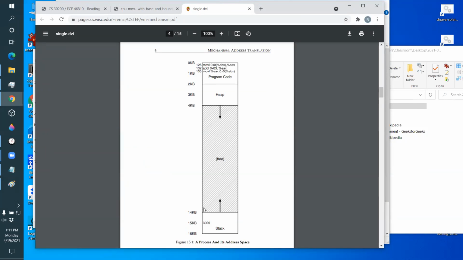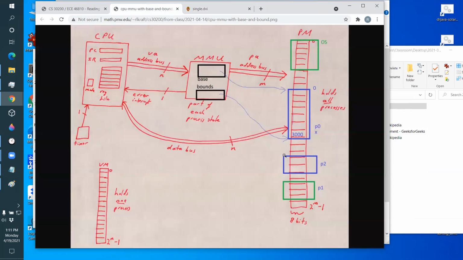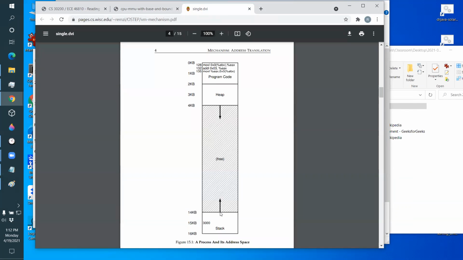If this guy hit the stack, the program crashed. In this model, if the heap grew and hit the stack, you're just dead. You can't do anything. Well, actually, no, I'm sorry, we could grow the bound, but then the program would have to know how to move its own heap and stack around.